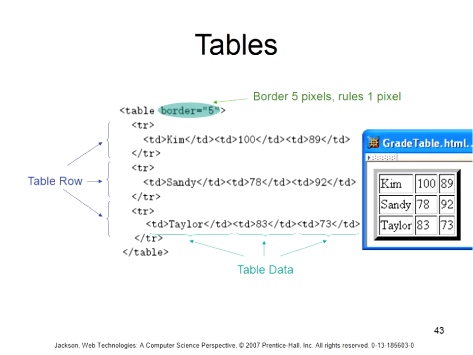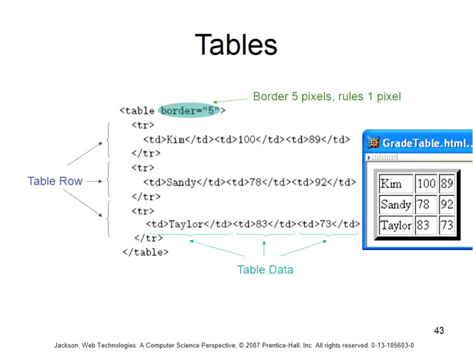Okay. So let's move on to tables. How can we create a table in HTML code? To create a table, we will use three or four types of tags: table, tr, and td.